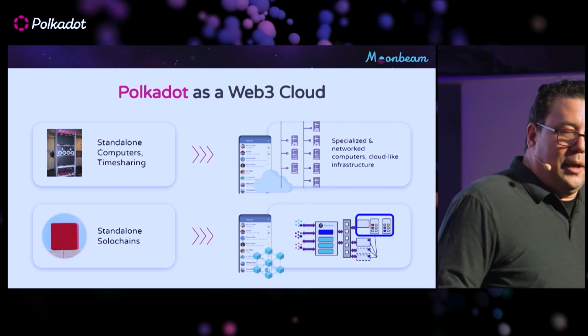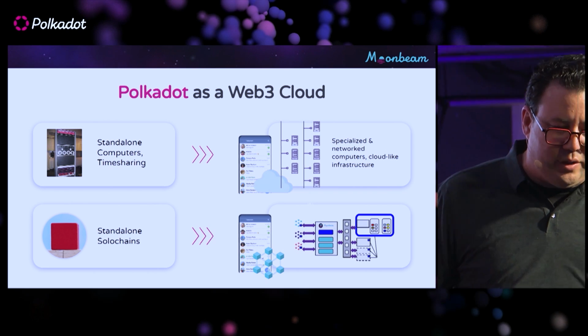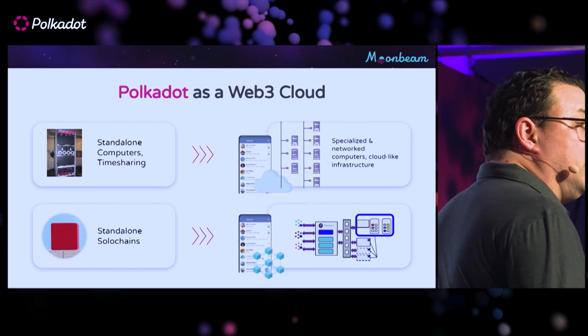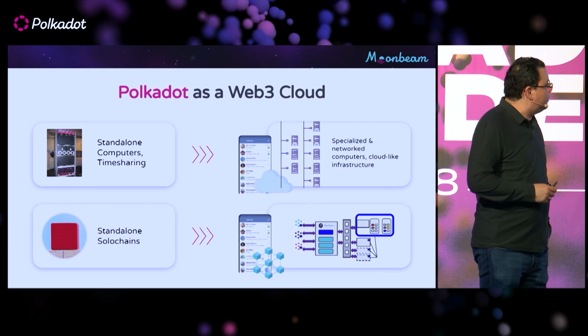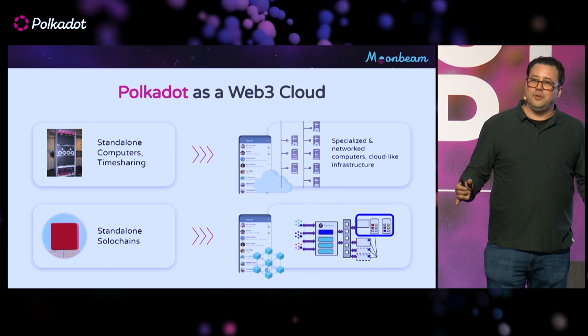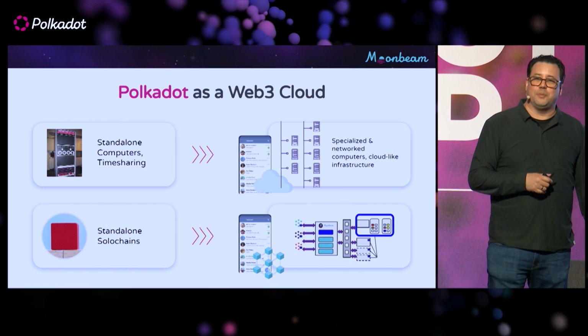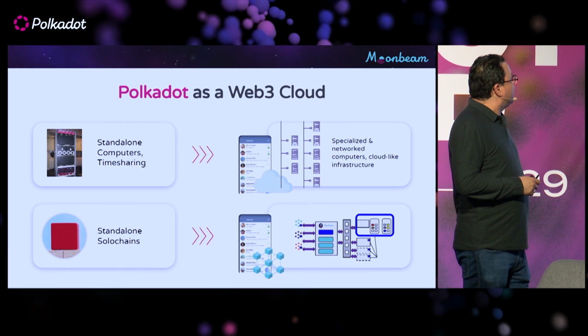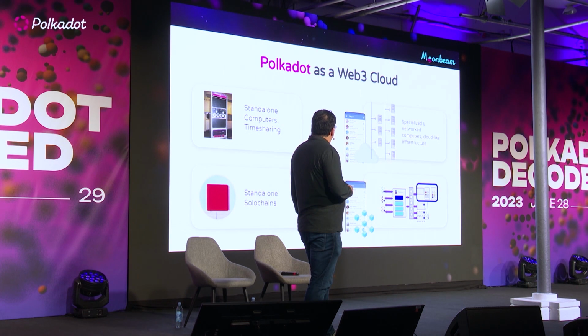That could be using cross-chain messaging technologies like Axelar and Wormhole, but also different kinds of Polkadot-based services. Polkadot provides an ideal environment, I think, to create a set of back-end services that developers can leverage to create these user experiences.